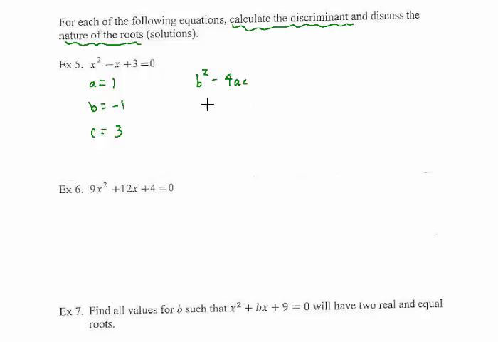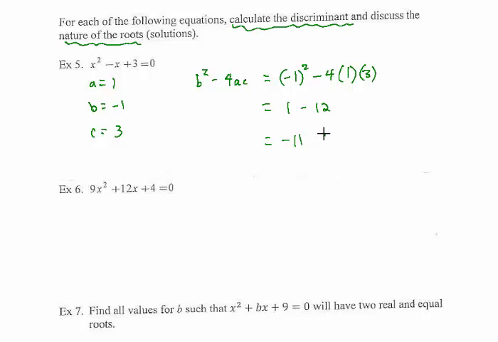Do not put a radical in this. We're leaving the radical part out. So b squared is negative 1 squared, minus 4 times a, which is 1, times c, which is 3. 4 times 3 is 12. We subtract it. 1 minus 12 is negative 11.